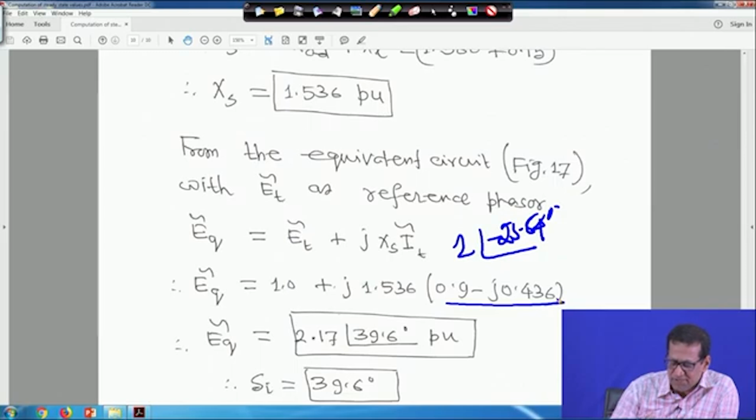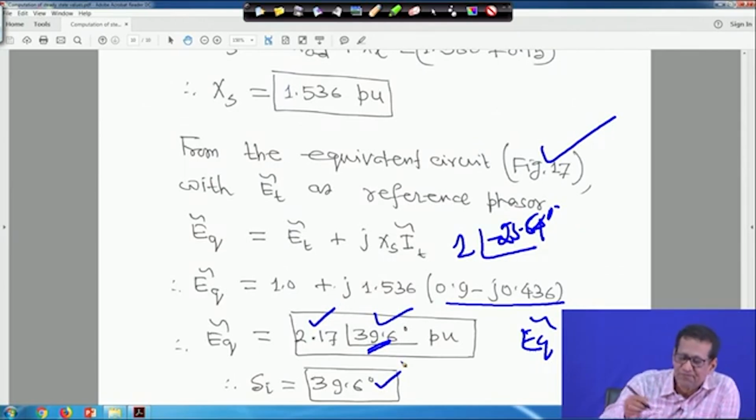So, if you compute, EQ tilde will become 2.17 angle 39.6 degree, and if you go back to this figure 17, it is given EQ tilde, that is your angle delta I. So, this is the magnitude of EQ, and delta is 39.6 degree, that is the answer.